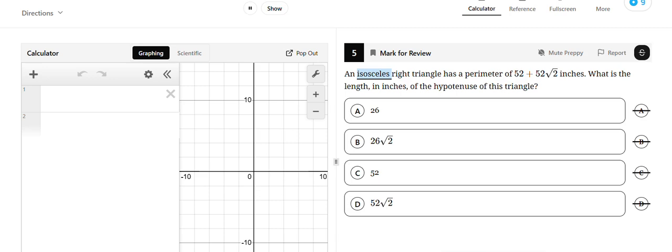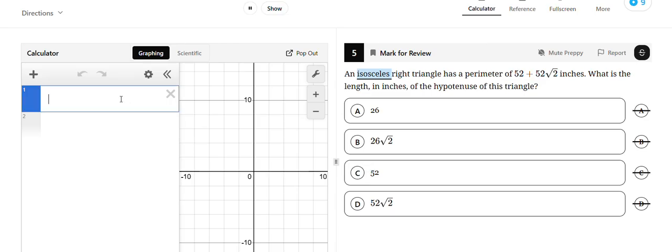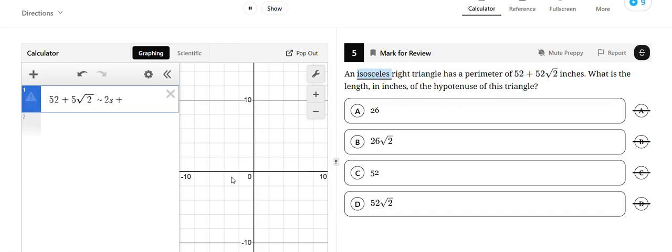So based on this relationship, it's really simple now, just because we know that S plus S plus S root 2 is equal to the perimeter. So what we can do is say 52 plus 52 square root of 2 is approximately equal to 2s, from the reference sheet, plus s square root of 2.